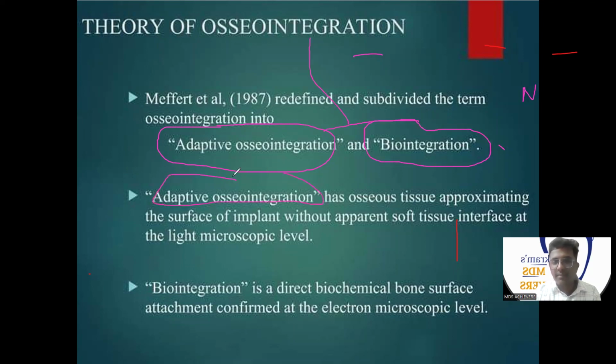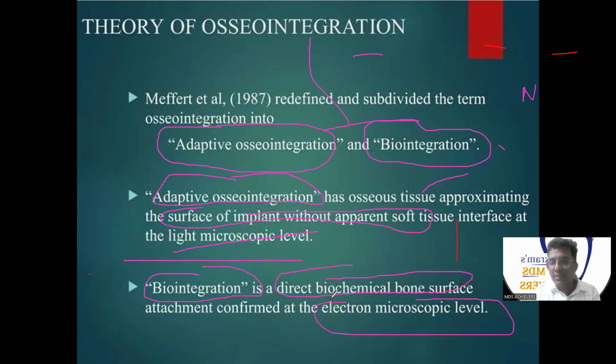Adaptive osseointegration means approximation of the implant surface without appearance of tissues at the light microscopic level, whereas biointegration means a direct biochemical bone surface attachment at the electron microscopic level. The only difference is the electron microscope versus the light microscope. Rest all is the same, a direct attachment.